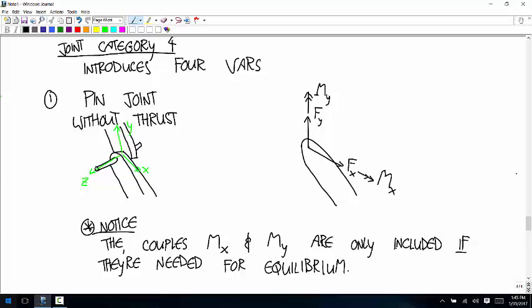You wouldn't probably try to pull it apart this way or this way. The most efficient way to break it would be to try to bend it like that or to try to twist it, right? It just isn't very good at resisting those rotations. And so in some cases, these joints are relied on to prevent rotation. But in cases where they're not relied on to prevent rotation, we treat it like it doesn't do it at all. Okay.